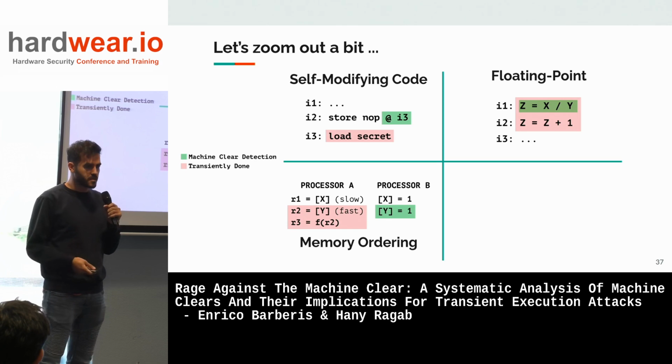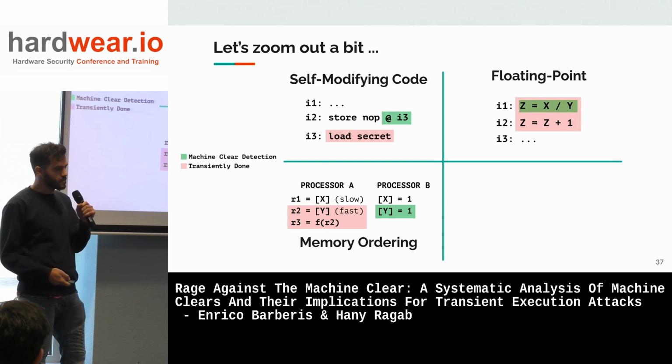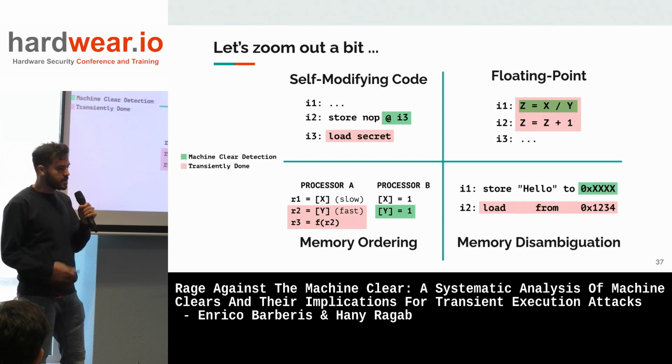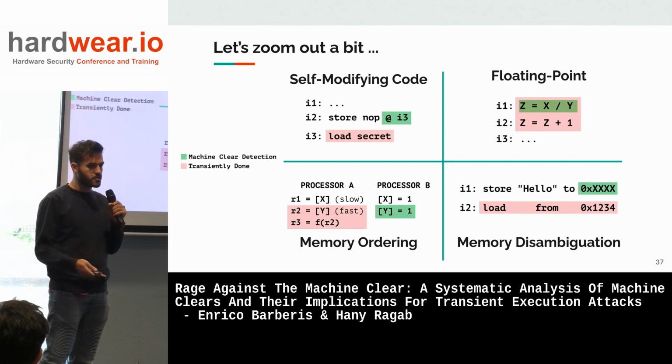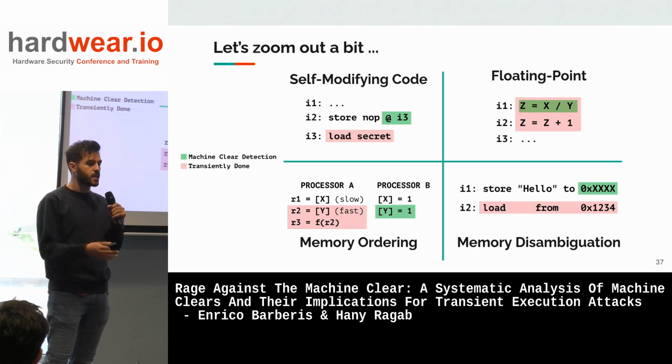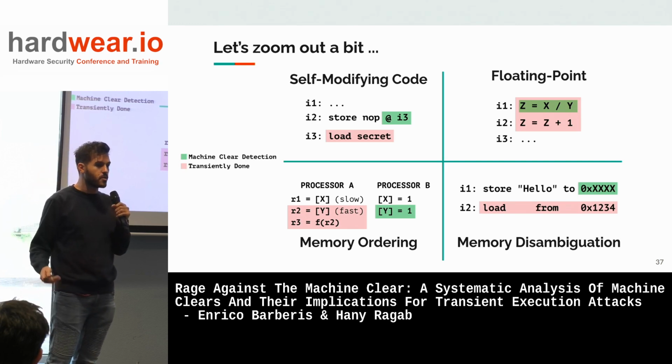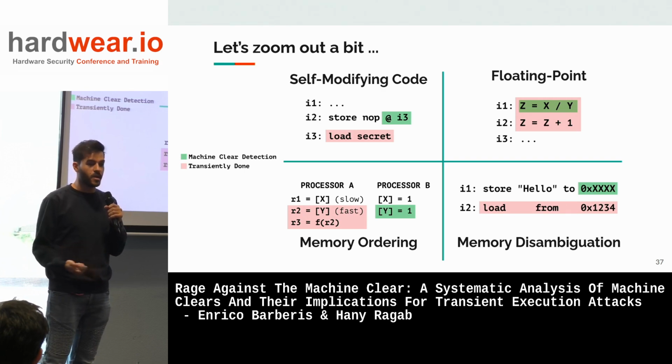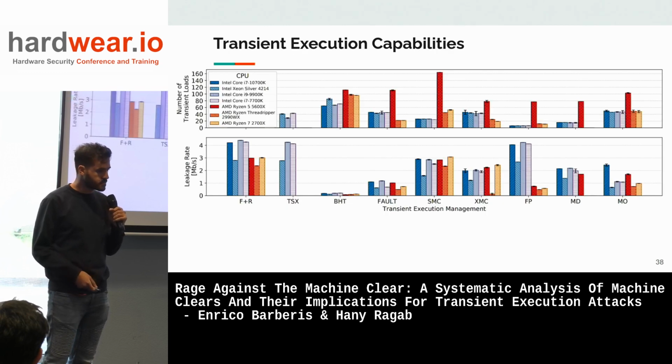Performing a floating point operation, injecting wrong results, and manipulating the control flow. And the last one is memory disambiguation, which is leaking stale data by mistraining a predictor. Let's see how these types of machine clear perform compared to all previously known root causes of transient execution that have been widely used in previous attacks.